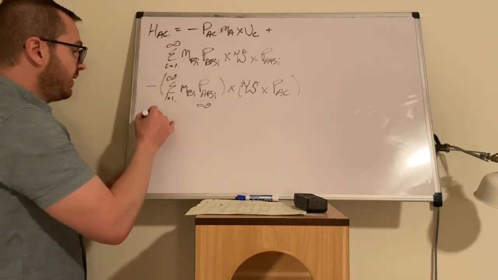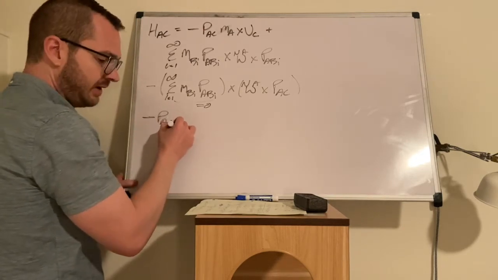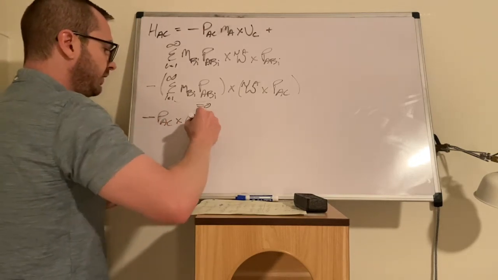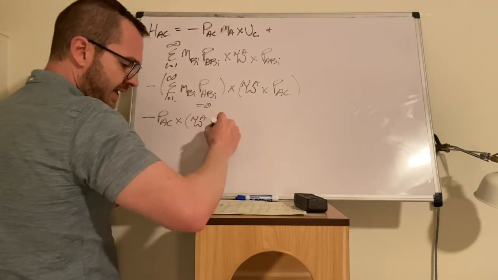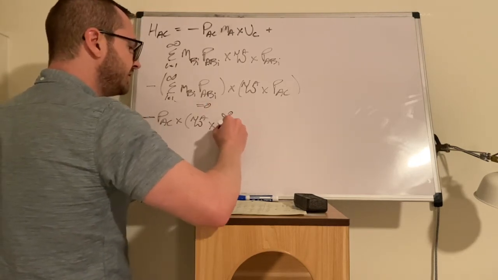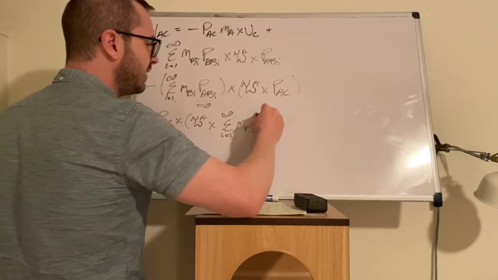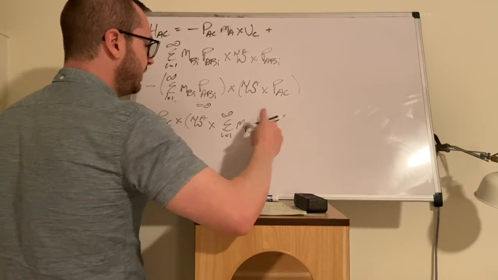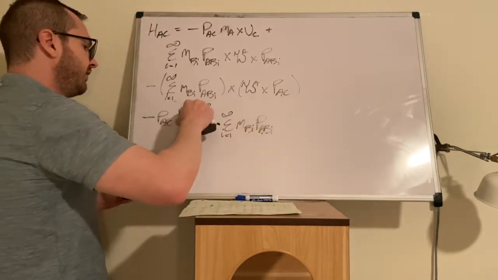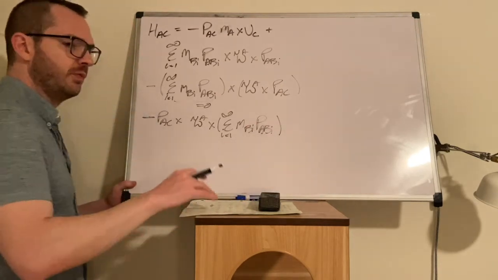Next, minus PAC cross omega NA cross infinite summation of MBI PABI. And let's put that one in parentheses so we can show what's going to happen.